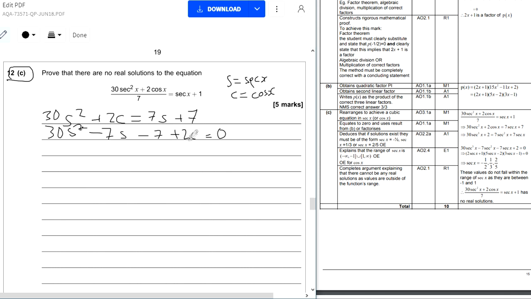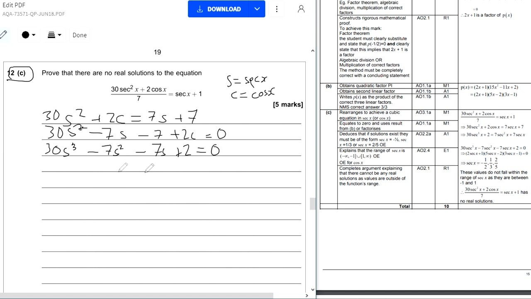So to get rid of that, we'll have to divide by cos, and as you know, sec is 1 over cos. So if we divide by cos, we're going to get 30s cubed minus 7s squared minus 7s plus 2 equals 0. So then that's all going to be in sec.